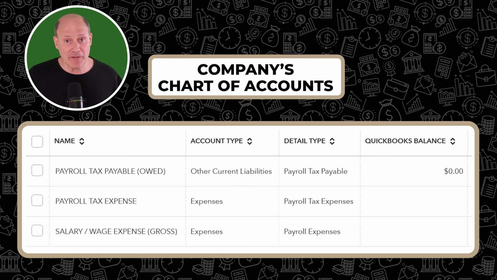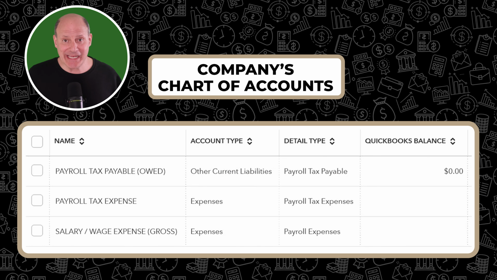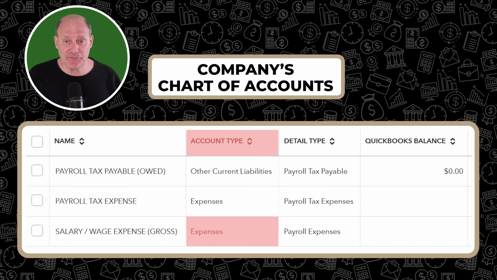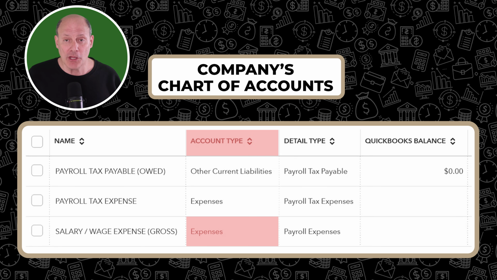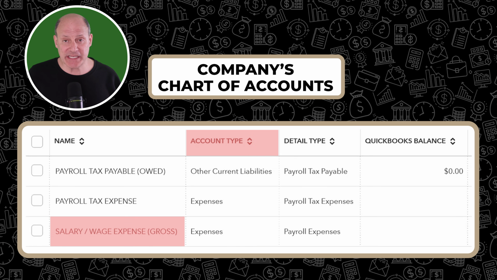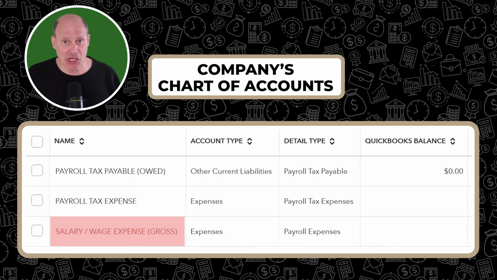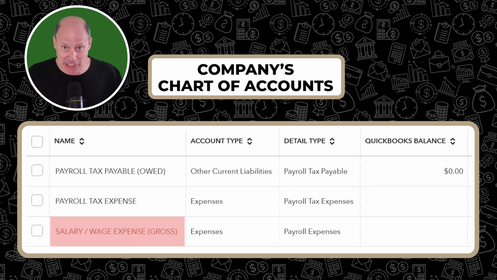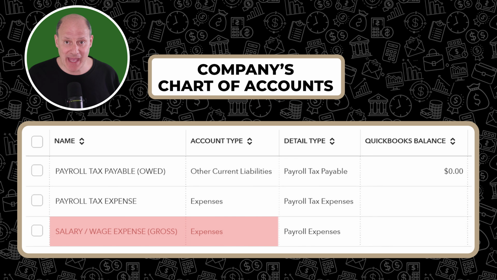So exactly how is this done in the company records when they go to pay their workers? Well, firstly, the company needs an expense type of account in their chart of accounts to record the gross pay, which is the amount the workers actually earned. That means it's the amount the company actually incurred as an expense.